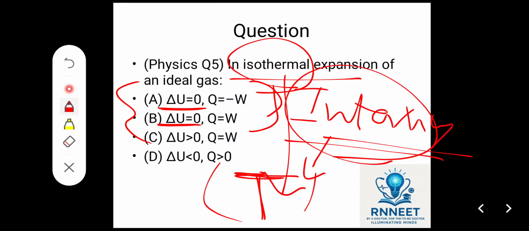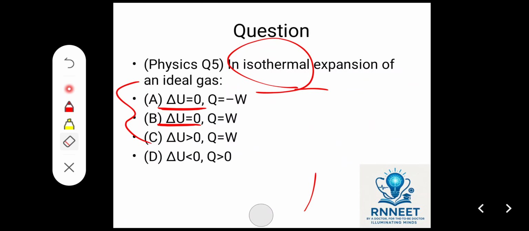If delta U is 0, what is then the relation between delta Q and delta W?